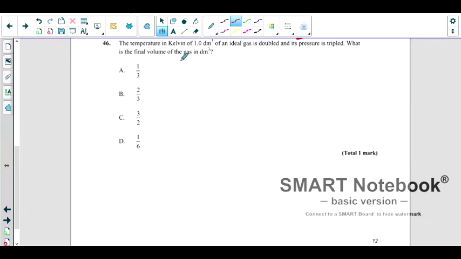The temperature in Kelvin of 1 decimeter cube of an ideal gas is doubled and pressure is tripled. So what is the final volume? Again, this is a gas one. PV equals nRT. Volume will be nRT over P. Now what we have done, this is equal to 1.